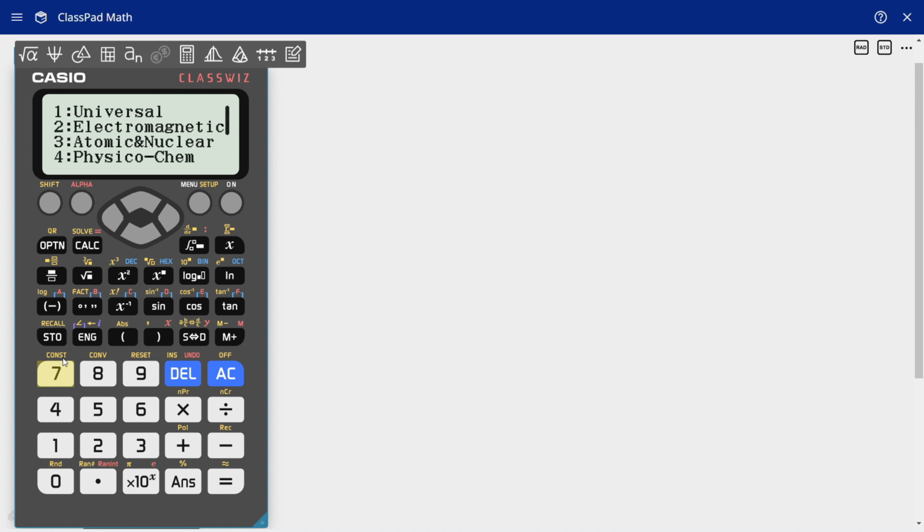You might also have different constants. So if you remember, we did look at this. Constants, sometimes they ask you to memorize some constants for the exam. And if you forget them, you can always check in your calculator. For example, here, if I go in universal and I click on option 3, which is CO something, this is the speed of light.